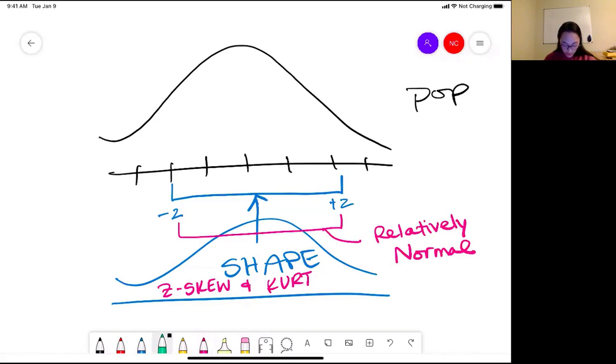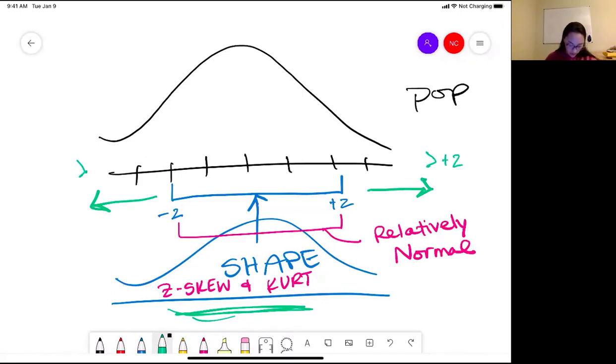If these values from Z skew and Z kurt land outside, so if they're greater than positive 2 or less than negative 2, that means they are negatively skewed or negatively kurtosed. That's on the negative side. Or if they have a value above positive 2, that would be positive skewness or positive kurtosis.